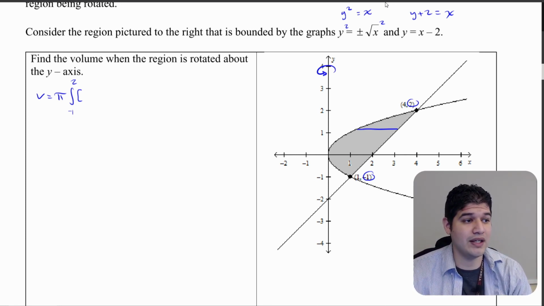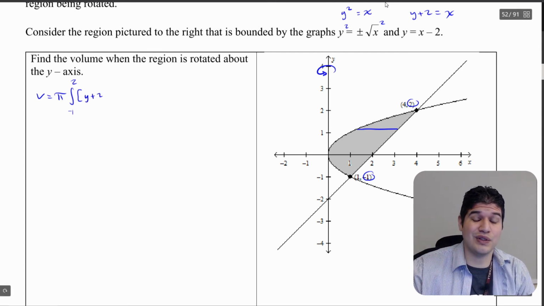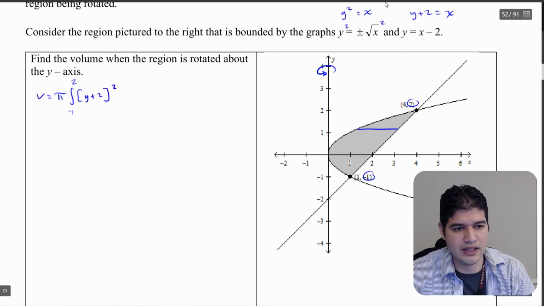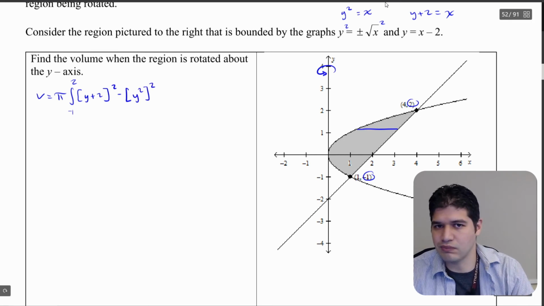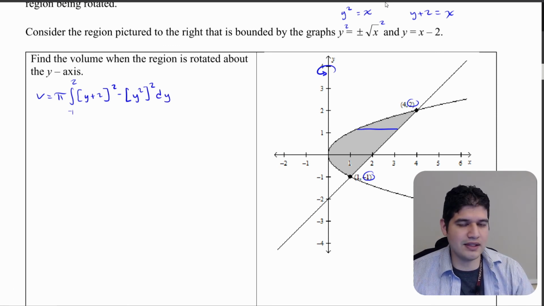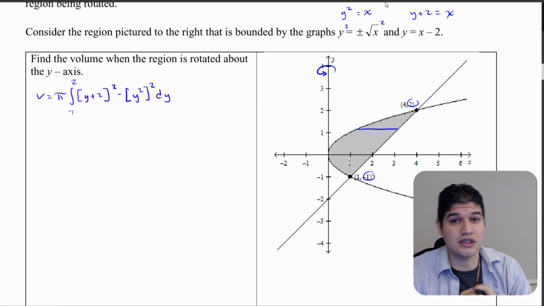Well, that's going to be that linear function y plus 2, and of course minus 0 since we're going across that x equals 0 line. And then that's going to get squared minus the inner part, which is going to be y squared, all squared. Of course, it's also minus 0 in there. And this is dy. So really, not much has changed. We're just tipping everything over onto its side.